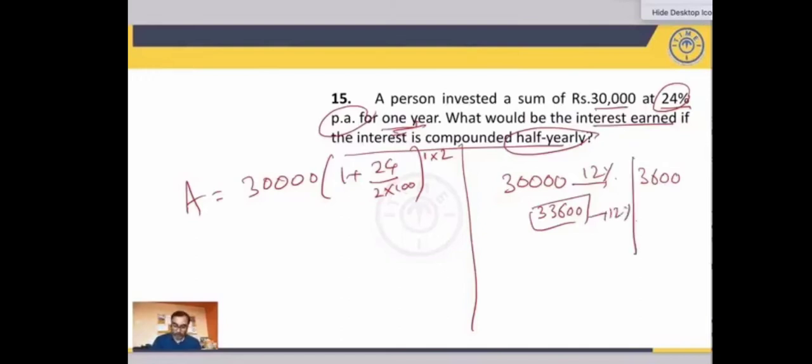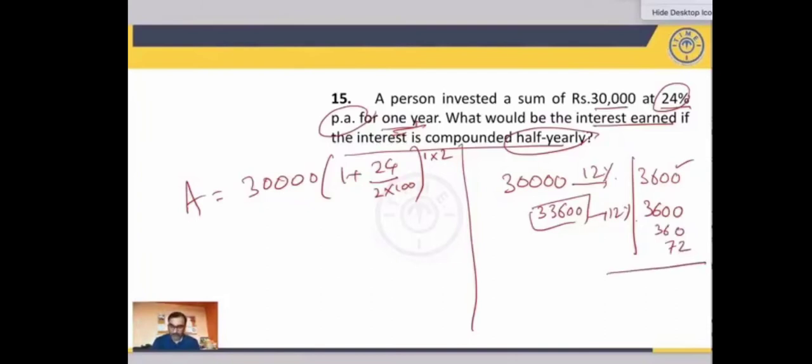Or what you can do is interest on interest. Interest of 3,600 for the first 6 months. For the next 6 months it will be another 3,600 plus 12% on it. It's not 10, it's 12%. 12% will be how much here? 10% plus 2%. 10% will be 360 plus 2% will be 72.